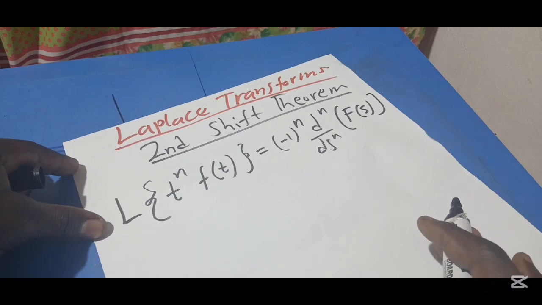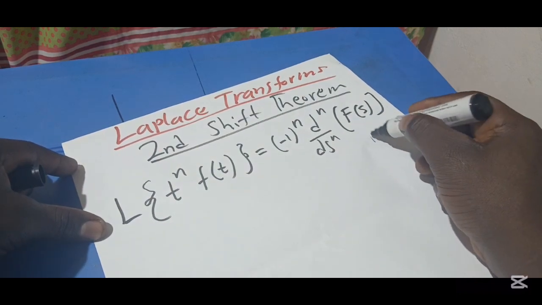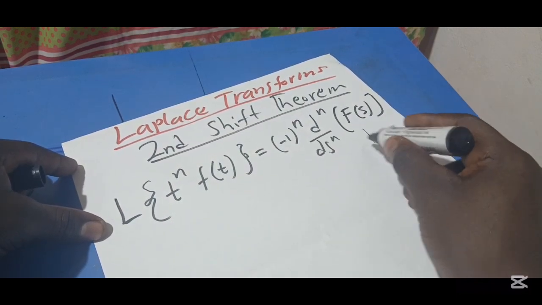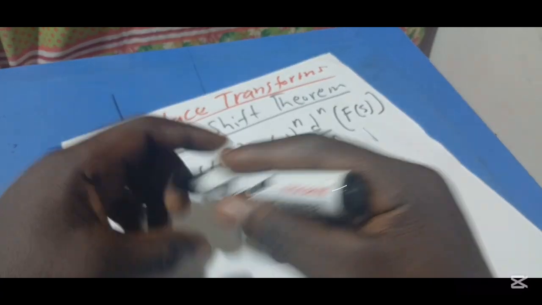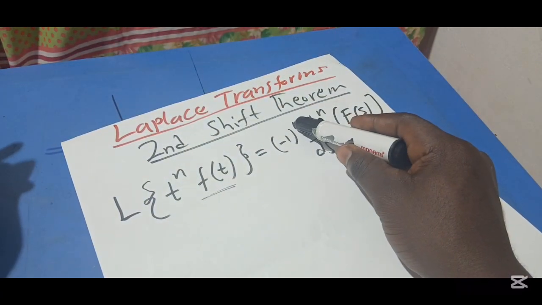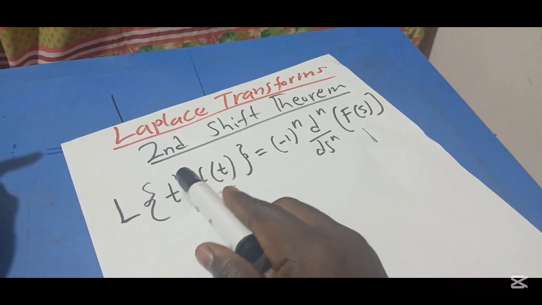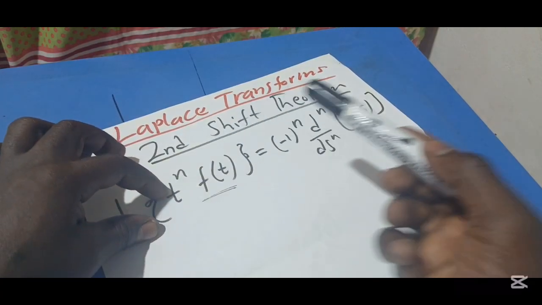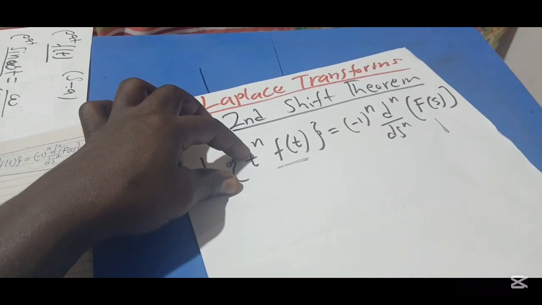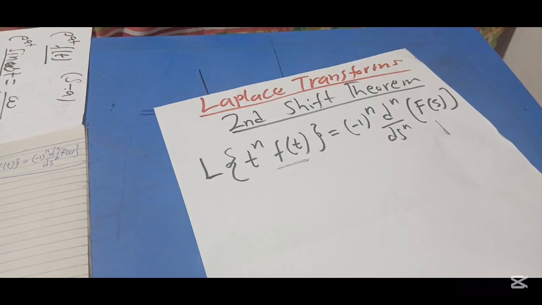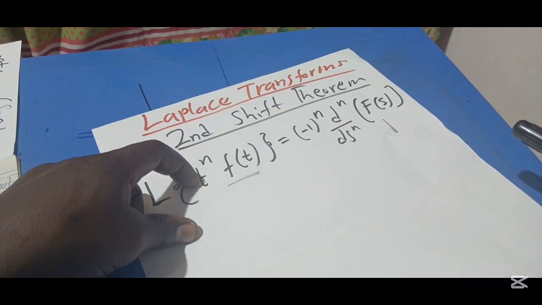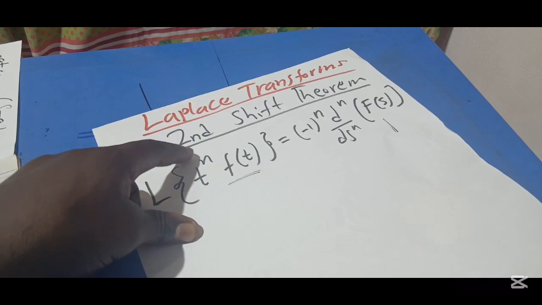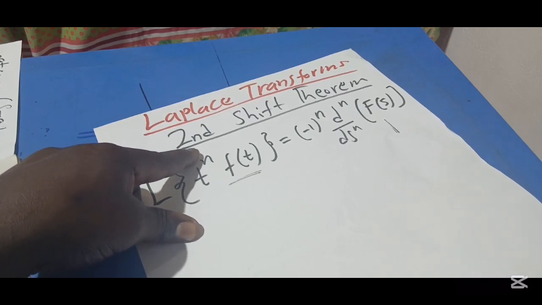In this case, our F of s here is the Laplace transform of f of t, and this n here is what is coming from the t term. This t here is just an algebraic variable. It can be x to the power something, m to the power something, just a variable. The power is what we are looking at, and we are calling it n.